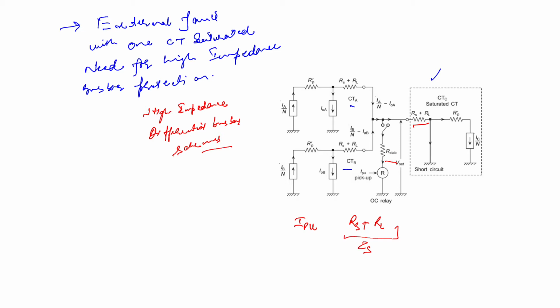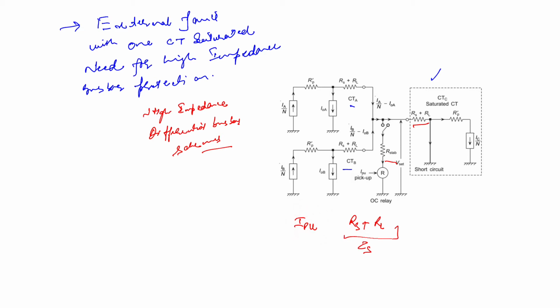Now the procedure is followed to find this current. First we consider that the overcurrent relay is not connected to the system, and let the voltage developed across it be V set. The stabilizing resistance should be of such a value that, with the relay connected, the current through the relay is less than the pickup value of the relay, I pickup.